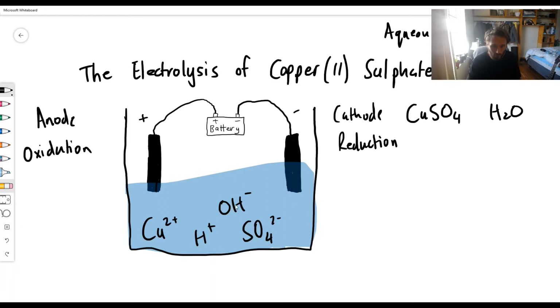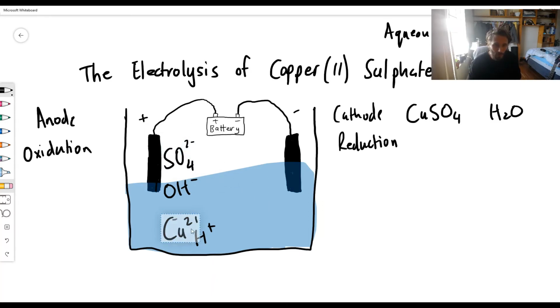So the OH- ion over here is going to be attracted to this side, and the sulfate ion, the SO4 2-, is also going to be attracted. Then the copper 2+ is going to be attracted to this side, and the hydrogens as well.